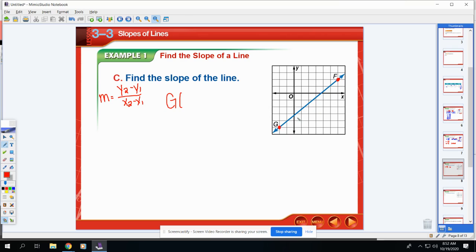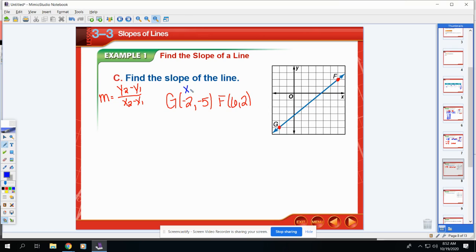G looks like -2, -5, and F looks like 6, 2. So these are our 2 points here. Go ahead and pause the video from this point. I want you to get some practice at using the slope formula. So go ahead and do this. I'll meet back with you when you are finished.